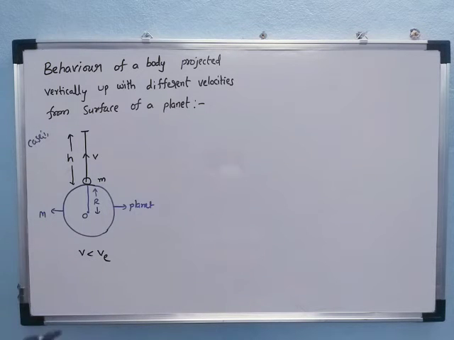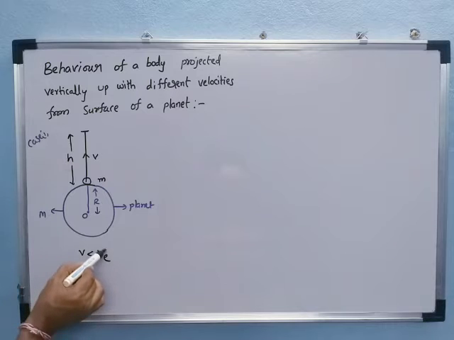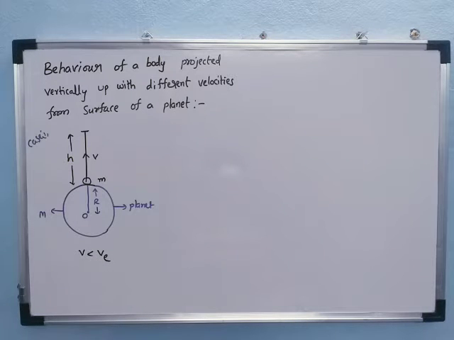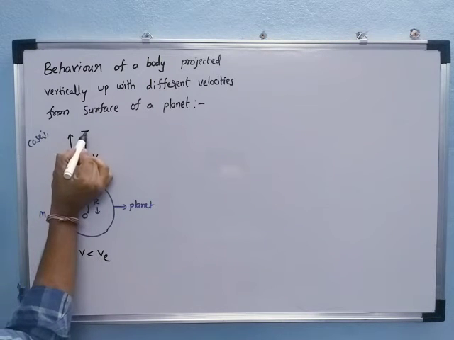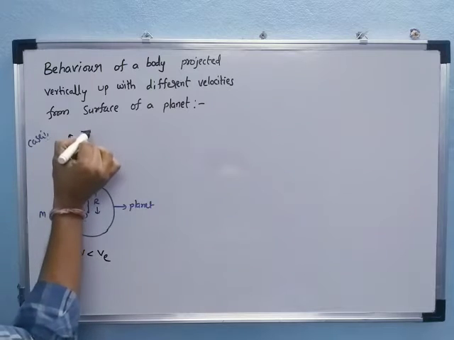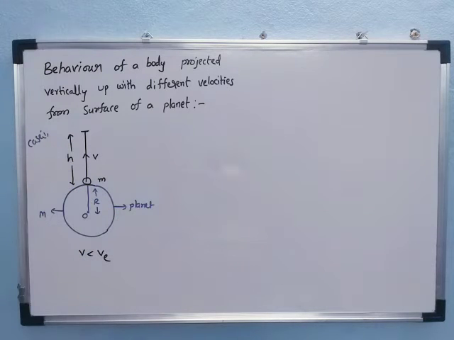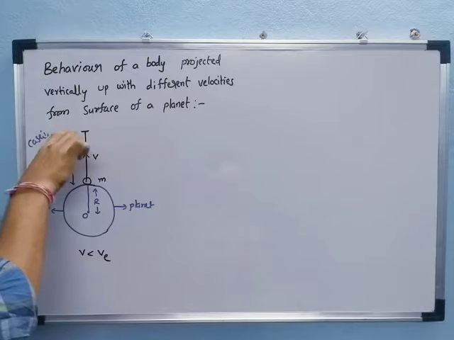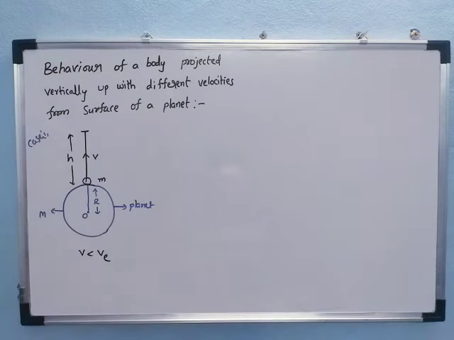The escape velocity is 11.2 kilometer per second. That's why this object reaches the maximum height and returns to the surface of the earth. Now we can find out how much height can be traveled by the object.